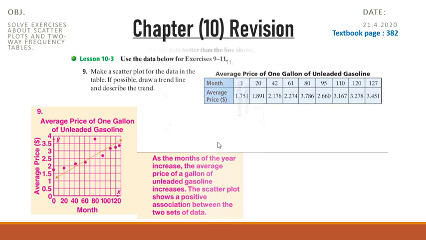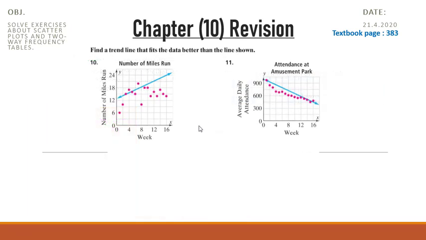Okay, let's move to question number 10 on the next page. In this case, we have a trend line drawn already. We don't need this trend line. We need another one, a better fit.